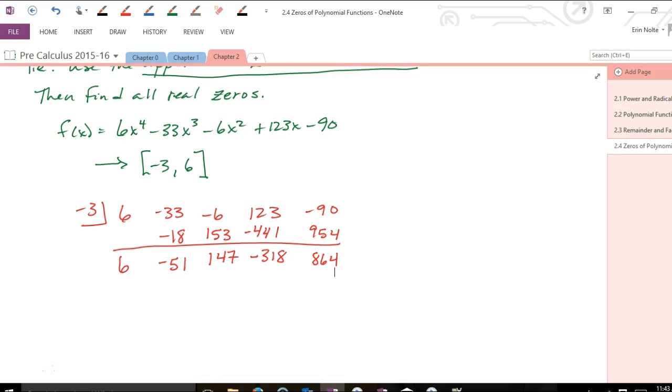By definition, if those terms alternate from positive to negative to positive to negative to positive to negative, that tells you that that is a lower bound of the function.